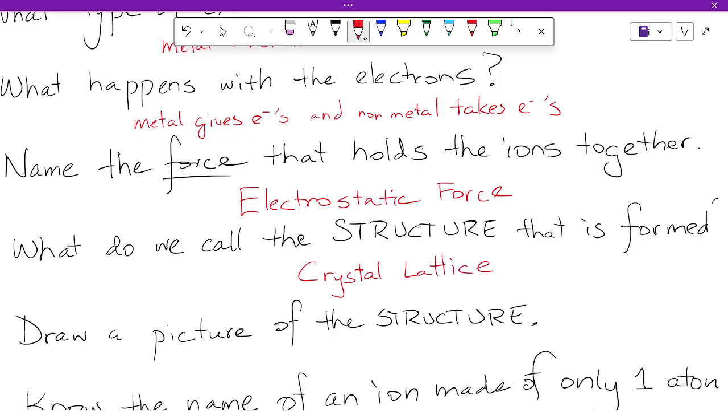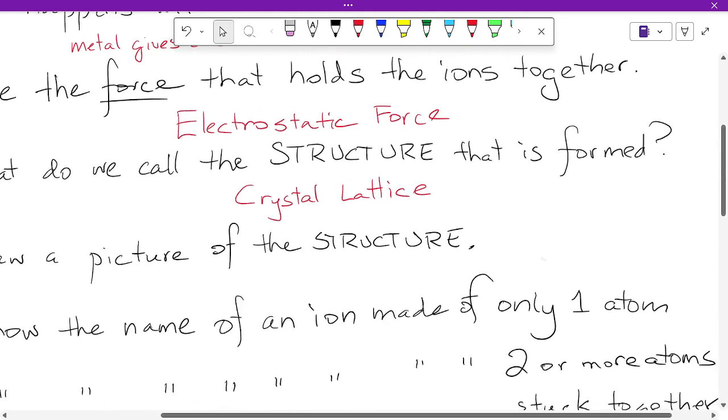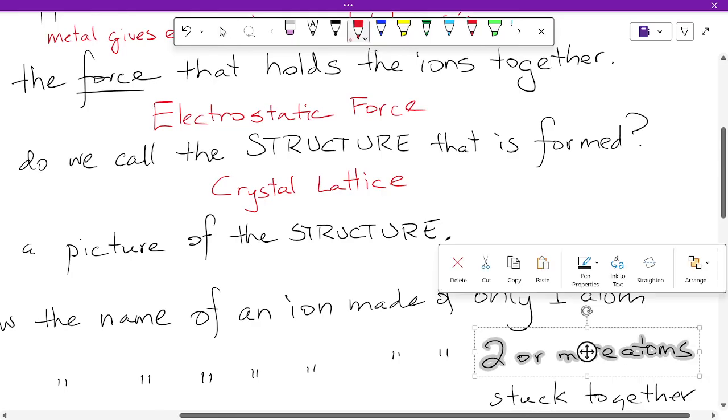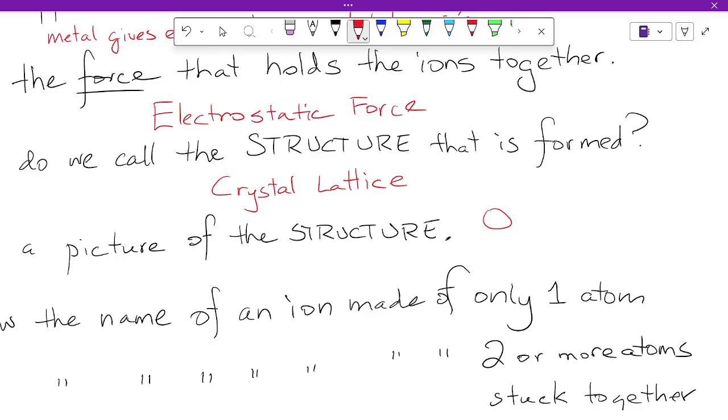You are never going to have to draw a 3D representation because that's just too much drawing. How do we draw the structure though? So we have two atoms of sodium and chlorine, for example. They're not actually sharing an electron.